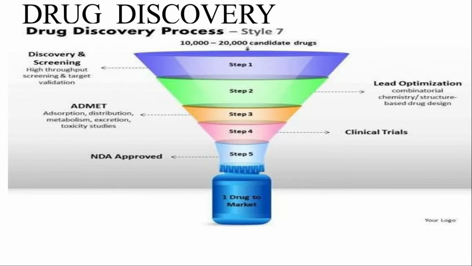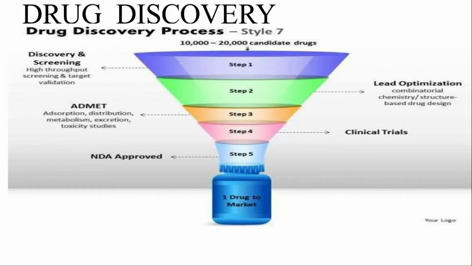Here at the top side, step 1 is written in a blue strip. Here 10,000 to 20,000 candidate drugs are initially selected for the study, and in this first step, discovery and screening through high throughput screening and target validation is achieved.